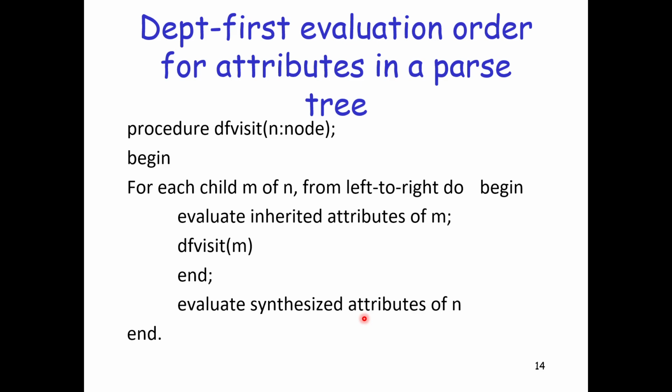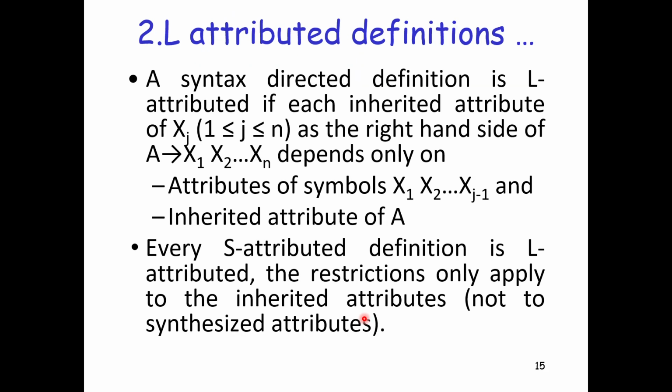A similar thing can be used for computing values for L attributed definition also. Then what L attributed definition means is yet to be seen. So this slide explains L attributed definition.